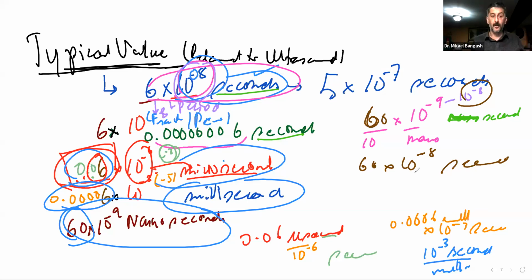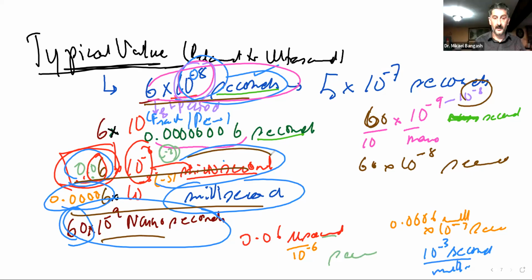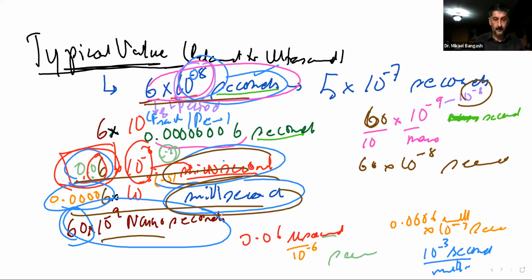But practically, the worth of all these numbers here is the same. They're just expressed in different ways. These are just exponents using different fractions of a second as a unit.